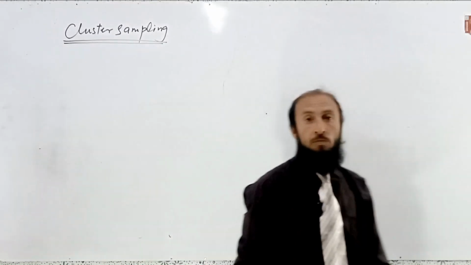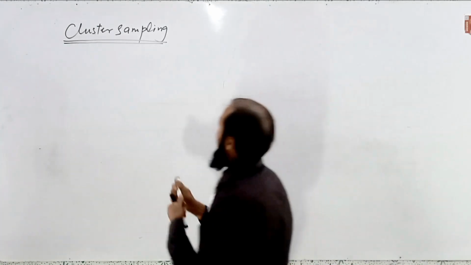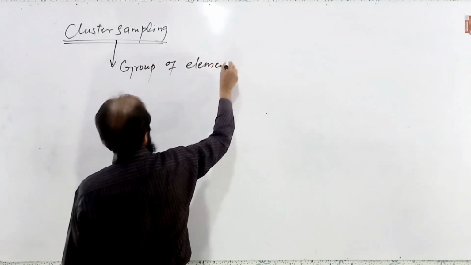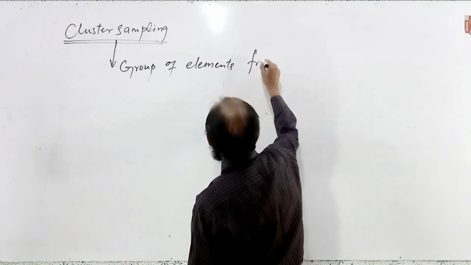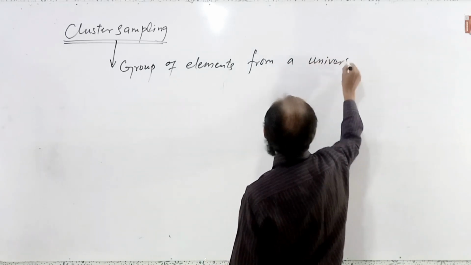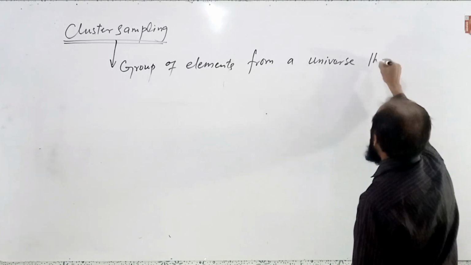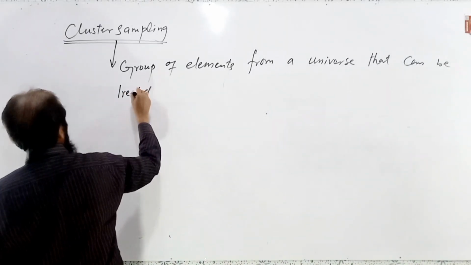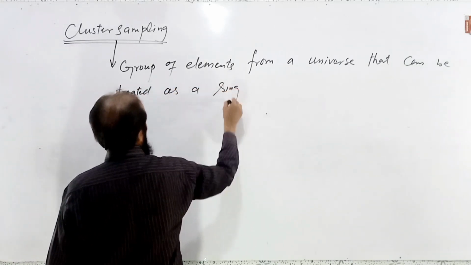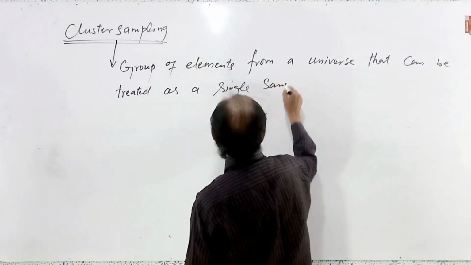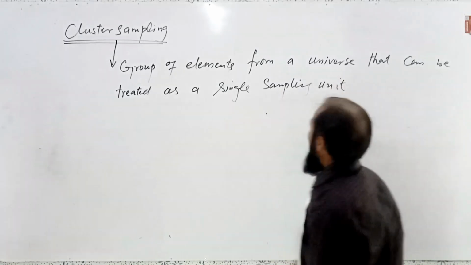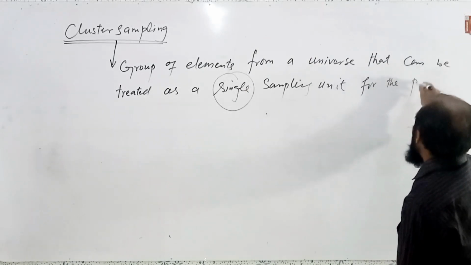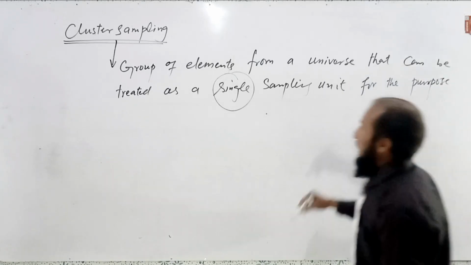Cluster sampling means a group of elements from a universe that can be treated as a single sampling unit for the purpose of sampling.